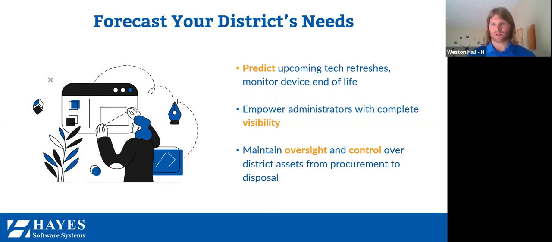So I'd be interested to hear how you went about finding that those devices were coming up on that time to be refreshed, and how you saw that TIPWeb IT was a way to avoid having to react when a device needs to be refreshed, as opposed to being able to forecast it years in advance.